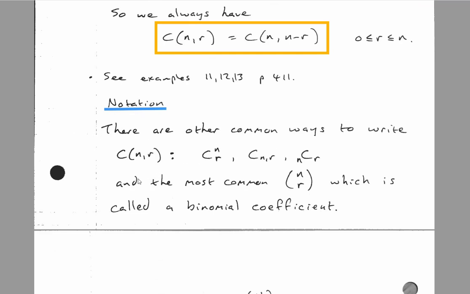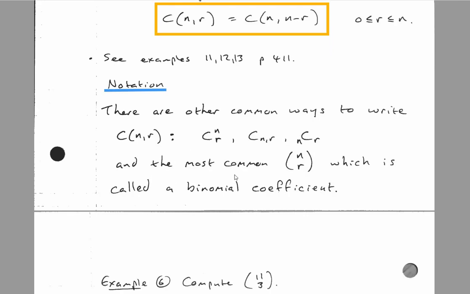All right, so we have this C(n,r) notation. But there are other ways to write it. These notations are also pretty common. We still have a capital C, but the n and r are moving around.